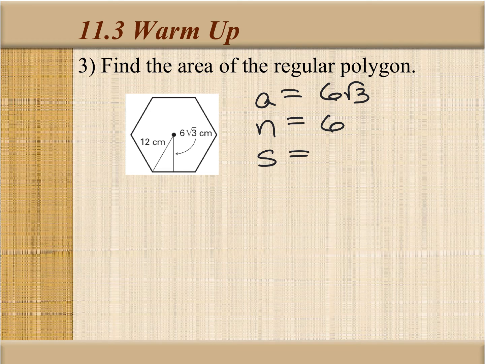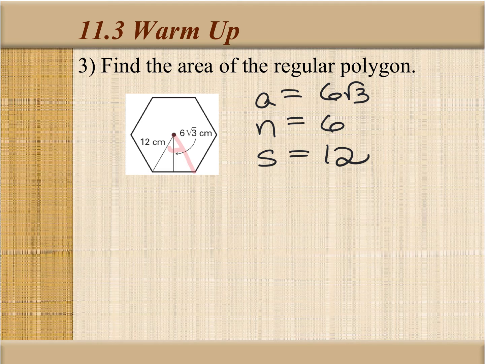But I'm going to do the triangle, but just remember, whenever you have a hexagon, this radius of 12 is also the length of the side. It's a little trick, only for hexagons. Okay, now, if you didn't remember that, then what you would have to do is draw in the other radii, find the measure of the central angle.